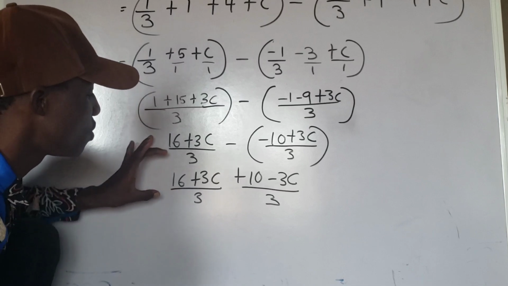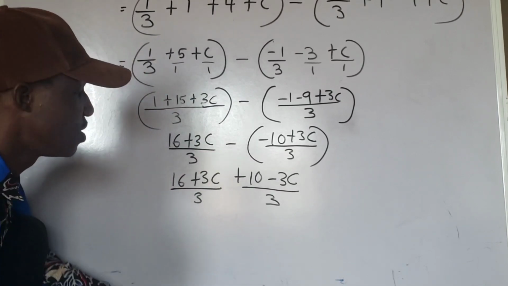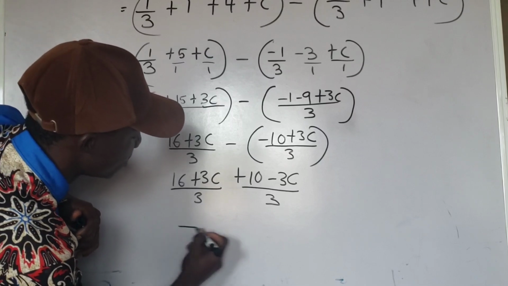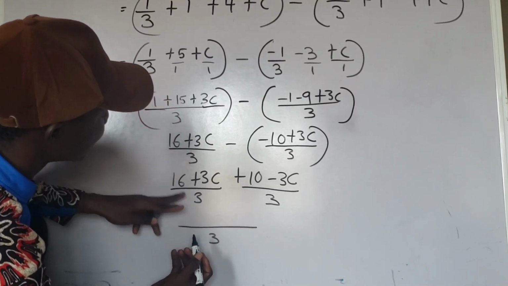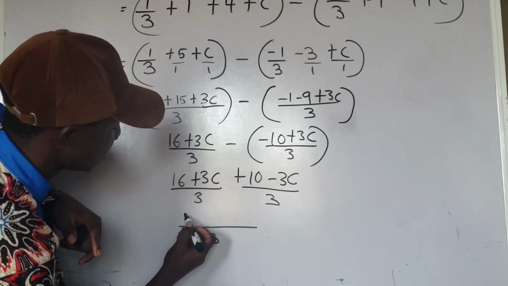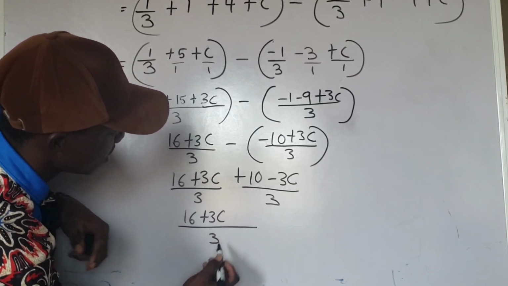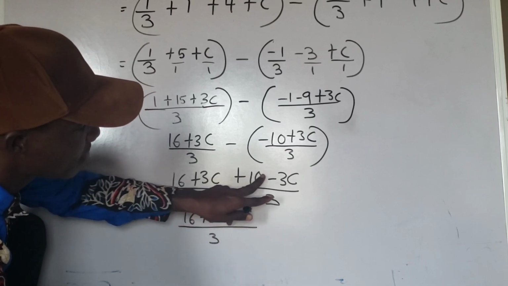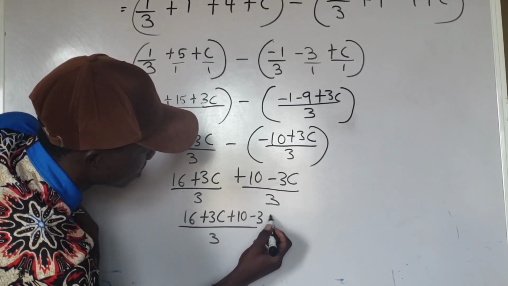We have two fractions, the first fraction and the second fraction. The LCM here is 3. 3 divided by 3 is 1, and 1 times 16 plus 3c is 16 plus 3c. 3 divided by 3 is 1, and 1 times 10 minus 3c is plus 10 minus 3c.